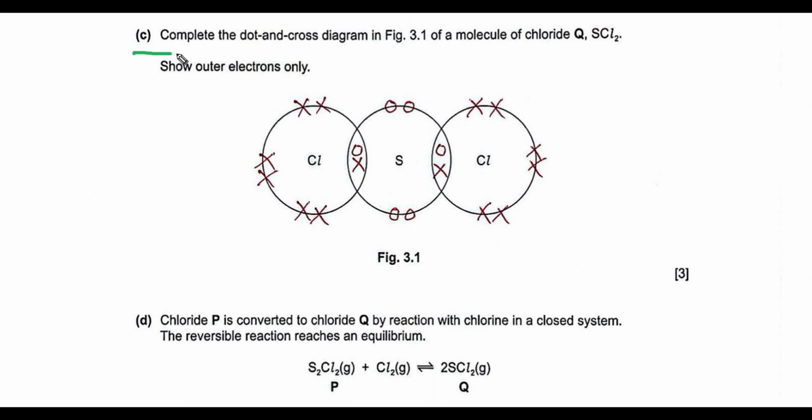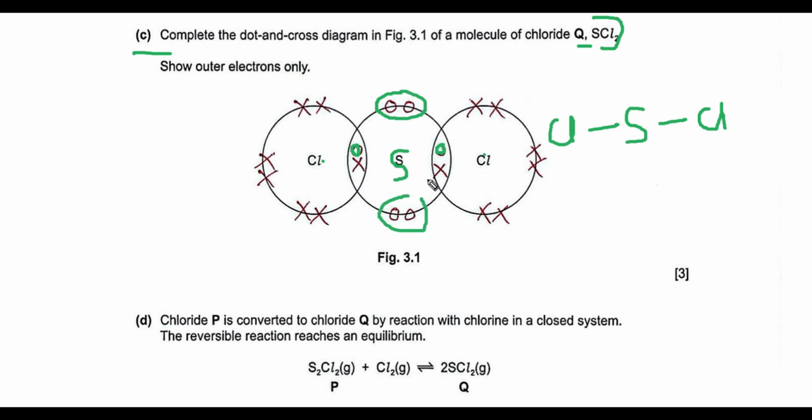Part C: complete the dot and cross diagram for the molecule Q, sulfur dichloride. Sulfur is in group 6. Sulfur forms 2 single bonds, so it gives 1 electron each, and has the remaining 4 electrons in its outer shell.